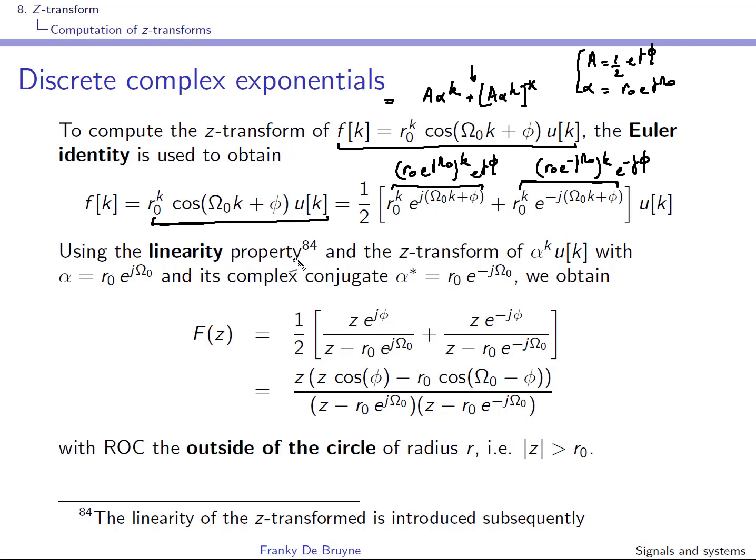So what we can do now is use the z transform of this type of signal, where alpha to the k can be, remember, complex, and this was z over z minus alpha. What we'll use also is the linearity of the z transform. We have not talked about this linearity property, but of course the z transform derives from the Laplace transform, which is itself a linear transform. So we will use this to obtain the z transform of this signal.